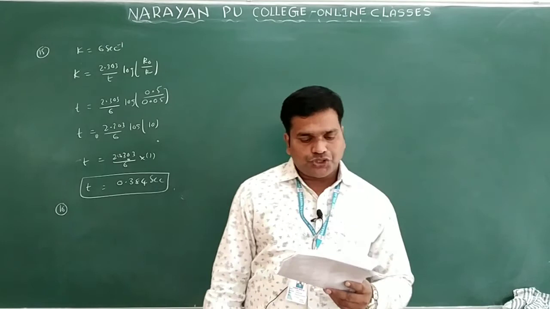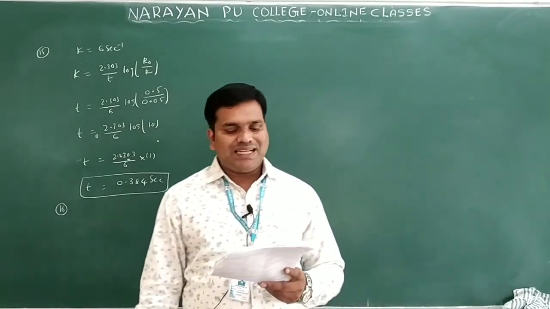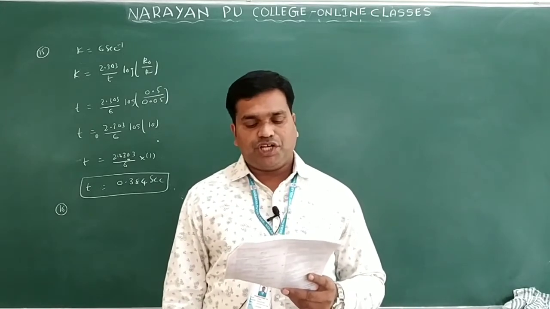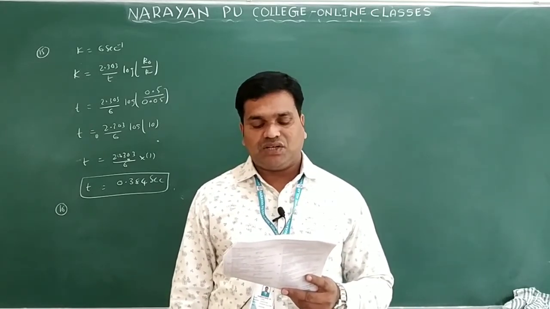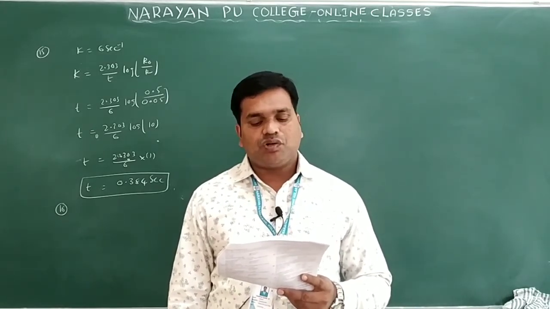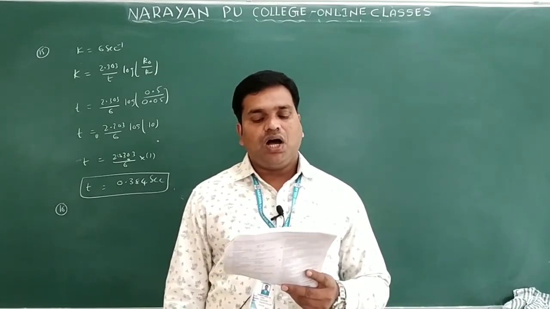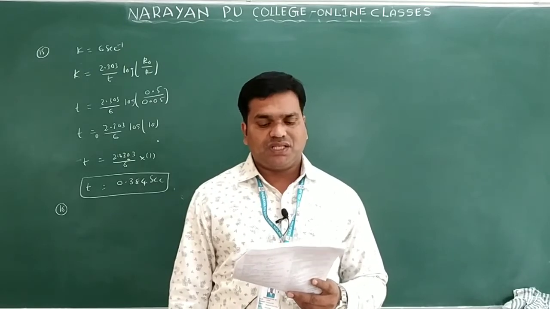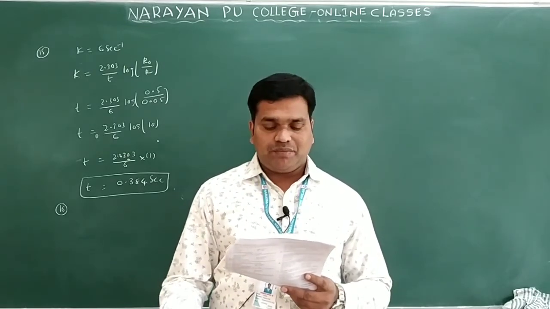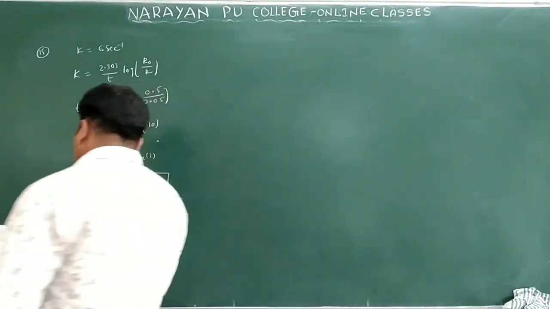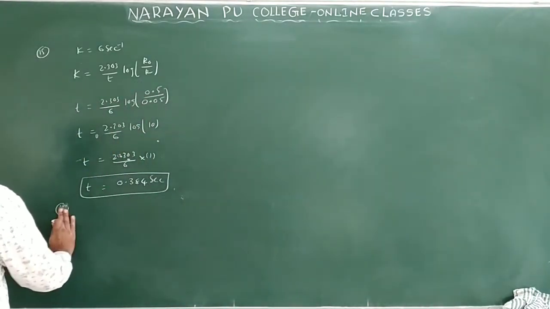Next, question number 17. The rate of the first order reaction is 1.5 into 10 power minus 2 mole liter inverse minute inverse at 0.5 molar concentration of the reactant. Find the half life of the reaction. Rate is given, and rate is equal to the rate constant for a first order reaction.